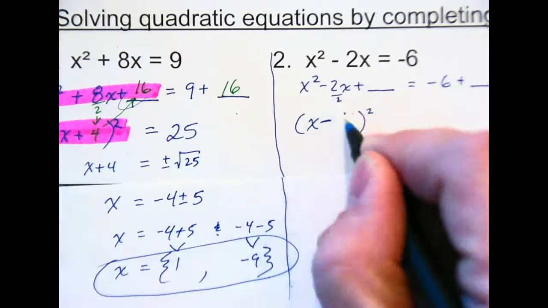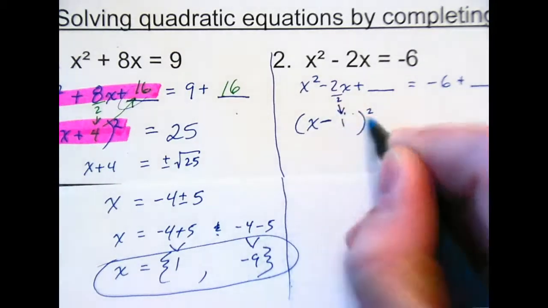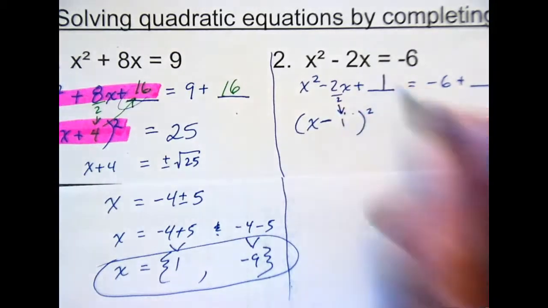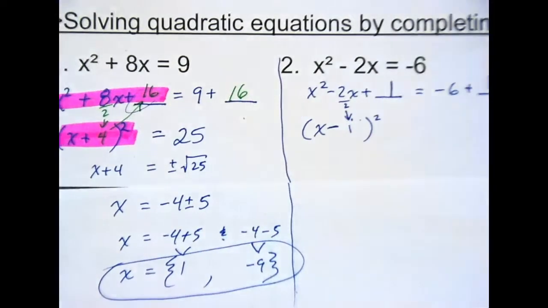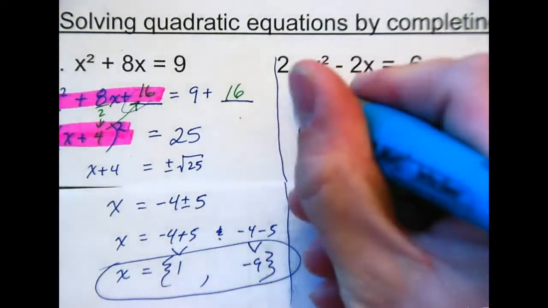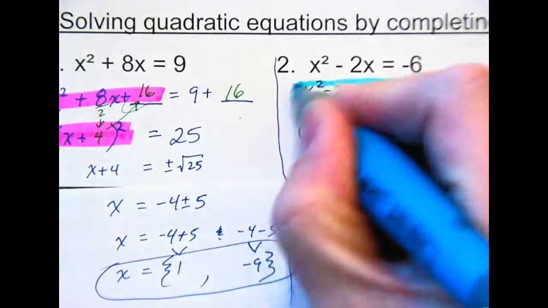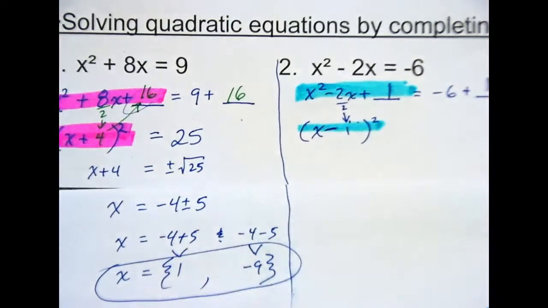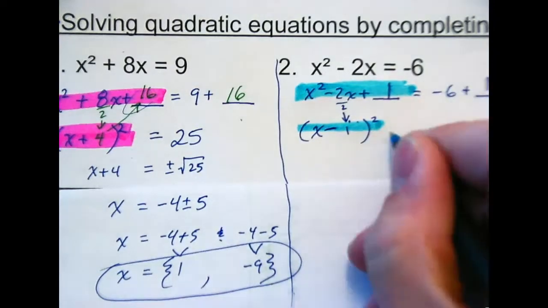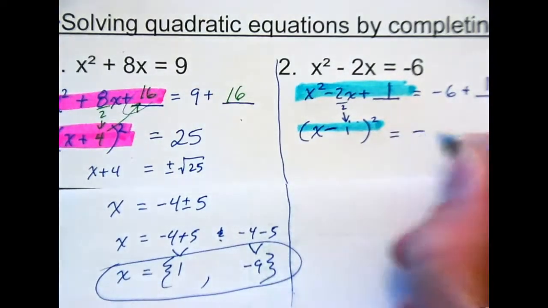Yeah, half of 2, which is 1. And then we square it to get this, which is also 1. All right, so this deal right here once again becomes that. So we get x minus 1 quantity squared, all equals negative 5.